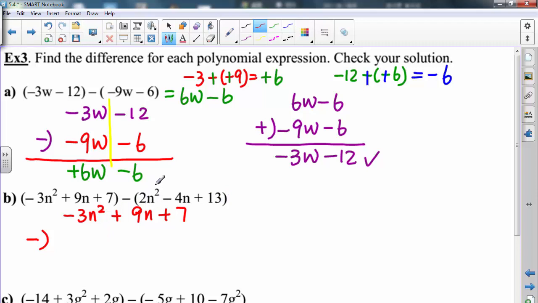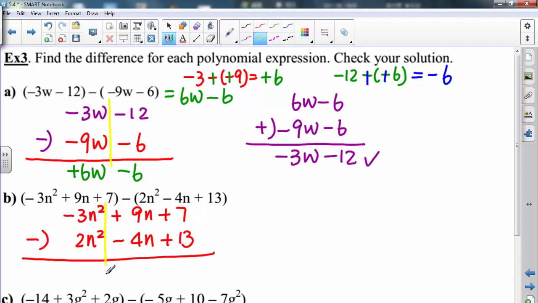The first term 2n squared, I should put below negative 3n squared. The second term, negative 4n, goes with positive 9n. Positive 13 should be under positive 7. So right now, I only need to subtract the coefficients in each column.